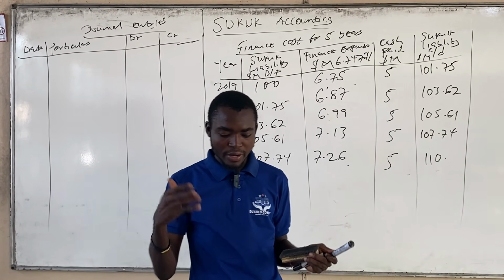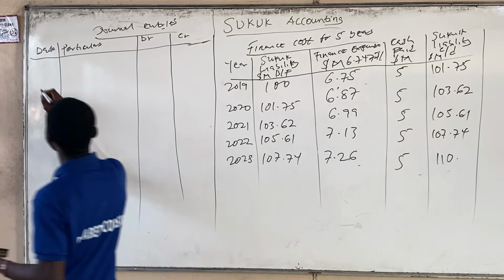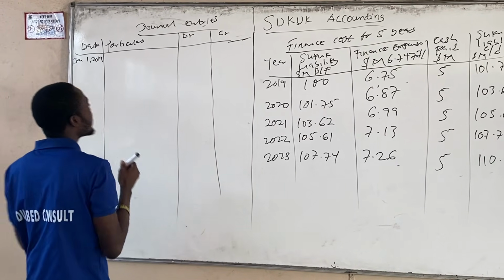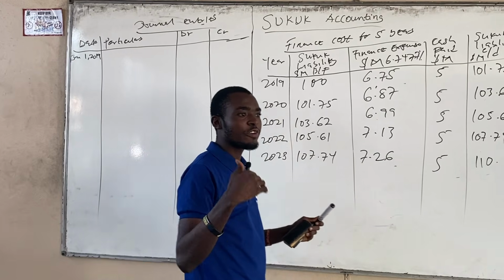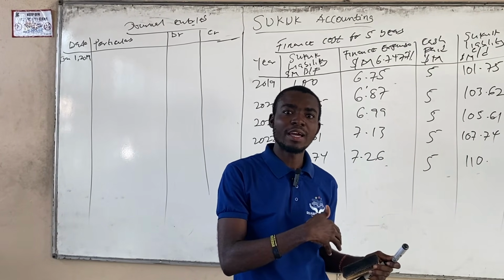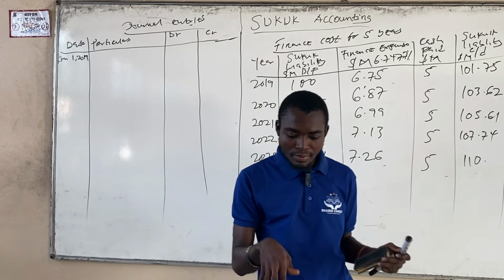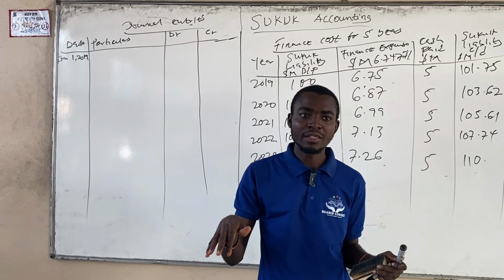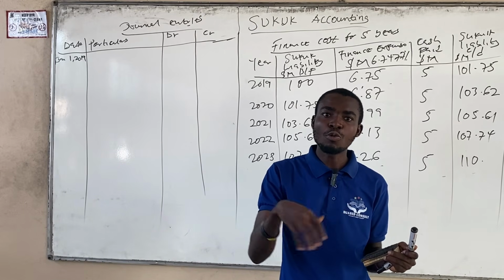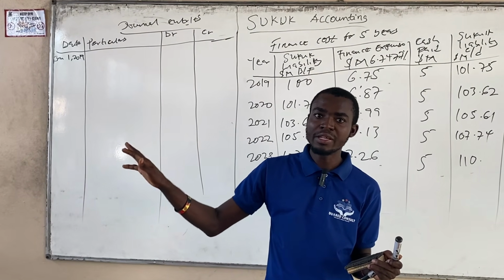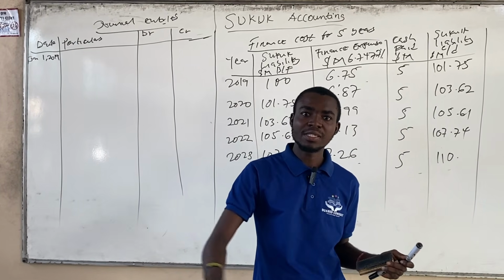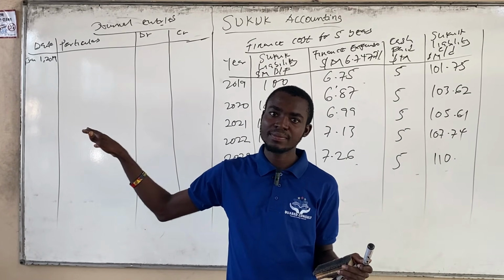So this is how we record this transaction. So the date is January 1st, 2019. After the disposal of the office building, the originator will receive cash in return for that, which is the amount the originator is receiving from Sukuk. That's the liability. So the double entry will debit the cash account and then credit Sukuk account.